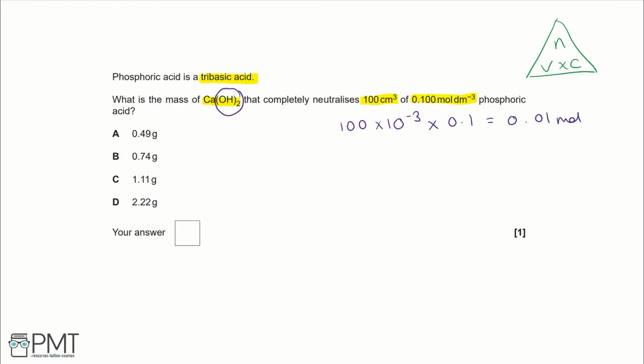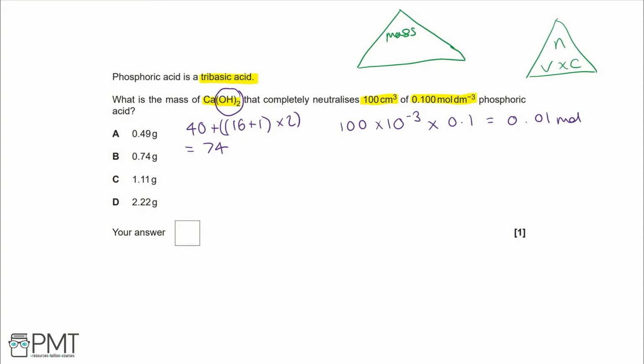Next, we need to work out the relative formula mass of calcium hydroxide, which is going to be 40 plus 16 plus 1 times 2, and this equals 74.